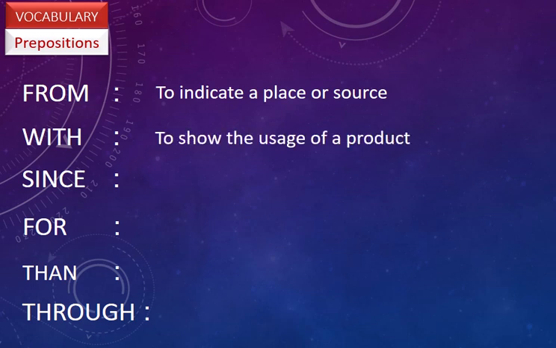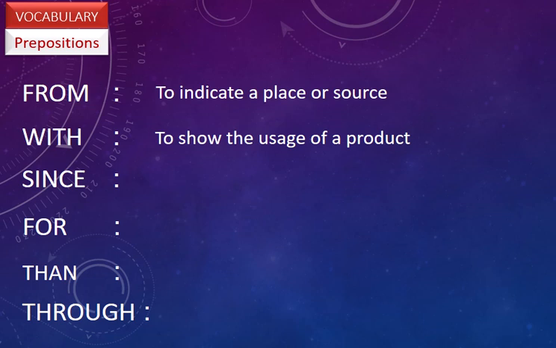With is used to show the usage of products. When we use some product and we want to show it in our sentence, I write with blue pen. So here blue pen is a product, an object, and that's why when I want to indicate its usage, somebody writes, or I write with blue pen always, or all the people write with blue pen always.